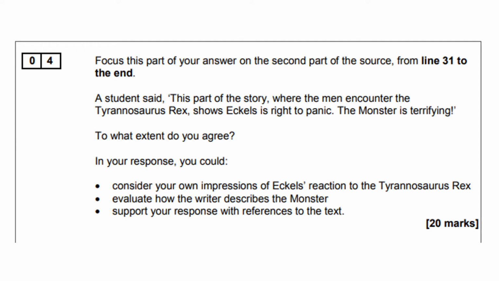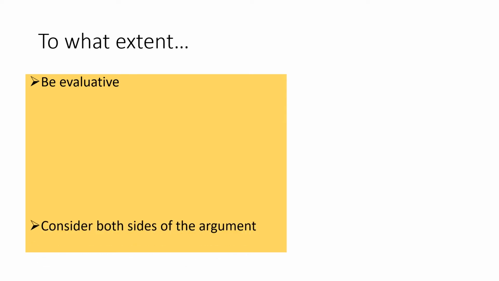The important words here are "your own impressions". This is an answer which asks you to express an opinion, but you must be evaluative and look at the methods, how the writer has created those effects. And in doing that, you will include quotations from the text. So a "to what extent" question requires you first of all to be evaluative.